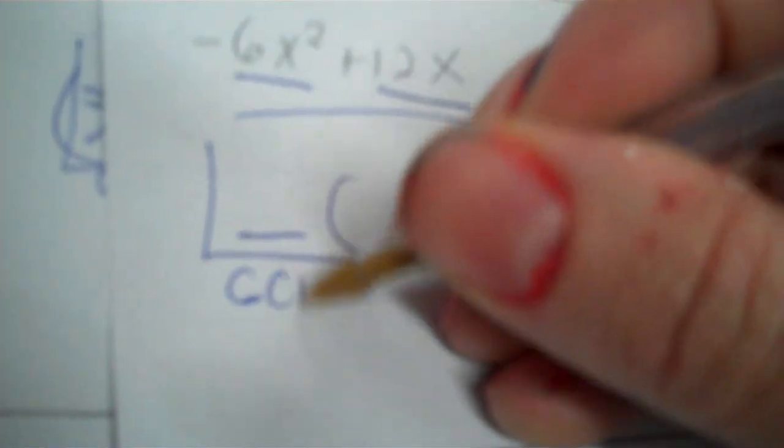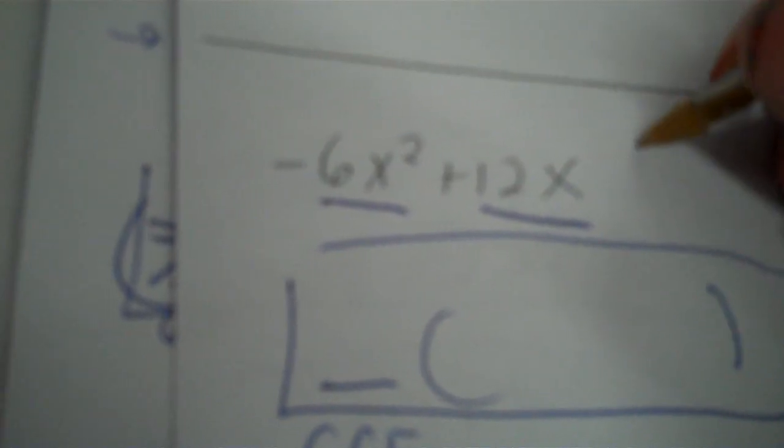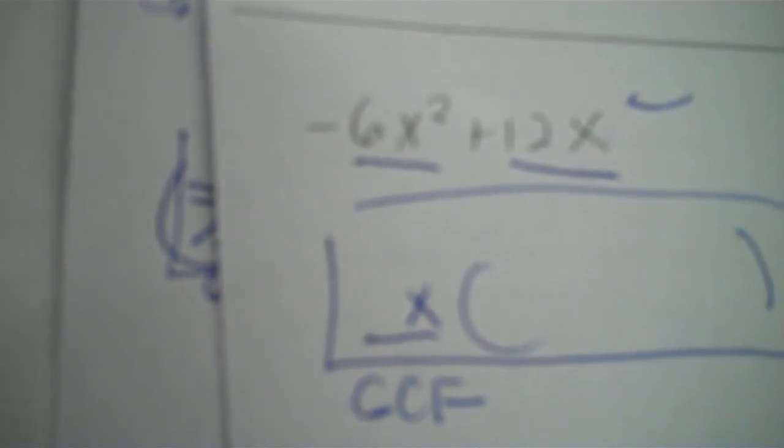Okay, next problem. Negative 6x to the second power plus 12x. So that is 2 terms as well. So GCF DOPS. Okay, so at the end of the problem, at the final slot, you do have x, so we will be factoring out x.